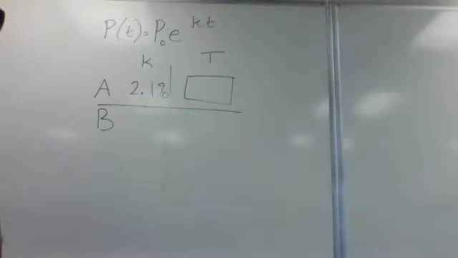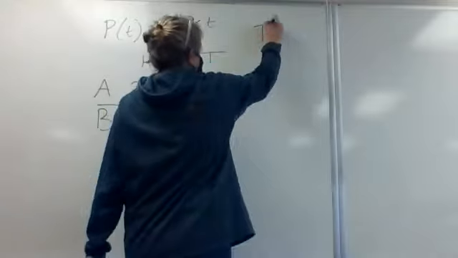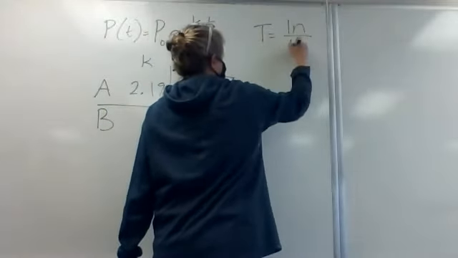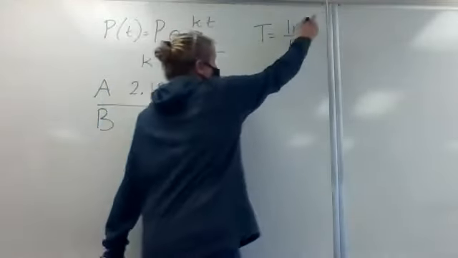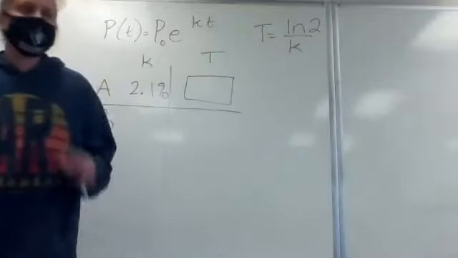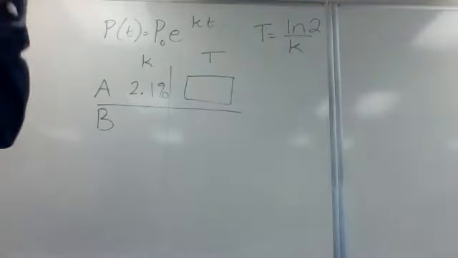So remember, what's doubling time? It's always the same thing: ln of 2 over K, over the rate.